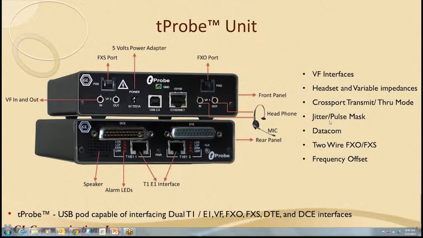Okay, other important applications are jitter measurement and analysis and pulse mask. This is how this tProbe unit differs from our old legacy USB analyzers. As I said before, we have the ability to add optional boards such as Datacom and FXS, and we can also change frequency offset plus or minus 615 Hertz.